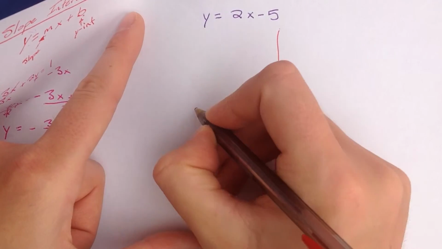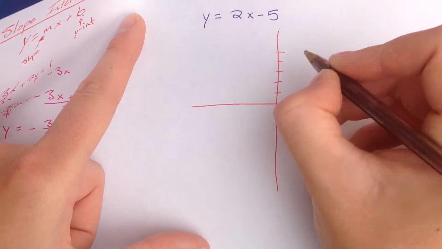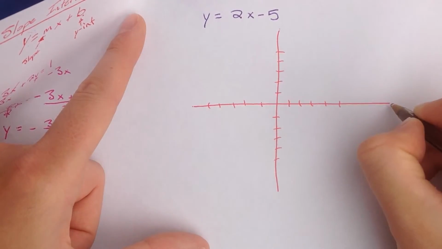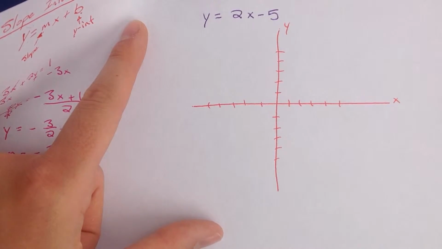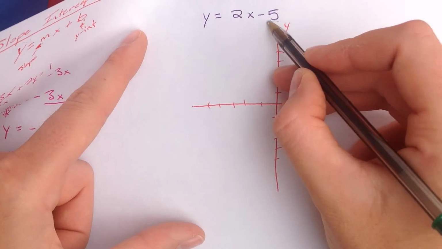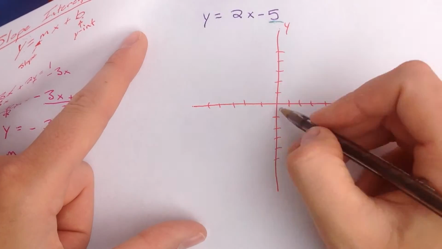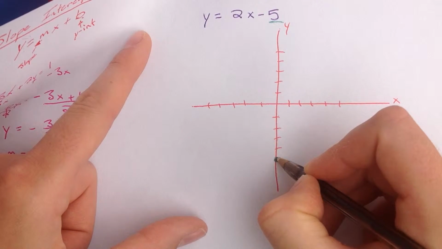So we have our coordinate plane, and here's our x and y axis. So we locate our y-intercept, being the b, negative 5. So we come down 5 on the y-axis. So we go 1, 2, 3, 4, 5, put our first point.